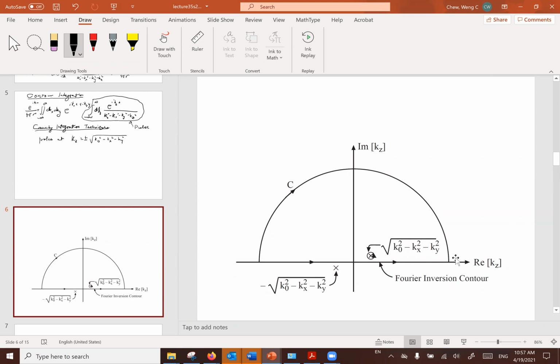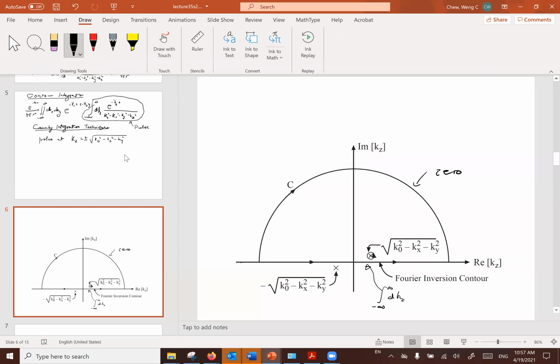And this has to have 0 contribution, okay? Contribution from C is 0. So if I add this contribution, which means that my original dkz integration is along the real axis, and it doesn't hurt if I add something that is 0.